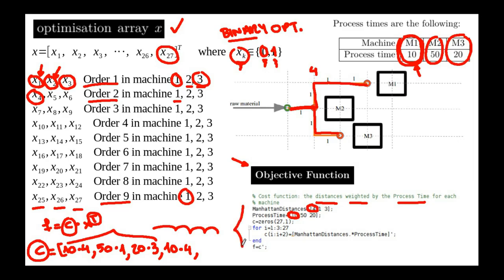That's how I have done it in MATLAB environment. You can stop the video and have a look at this. You have the files in the virtual campus, okay? But the key point is that this cost function is like a repetition of these three elements 9 times.